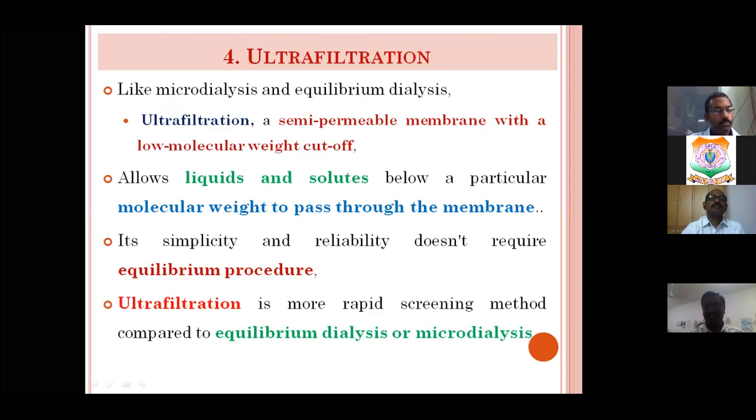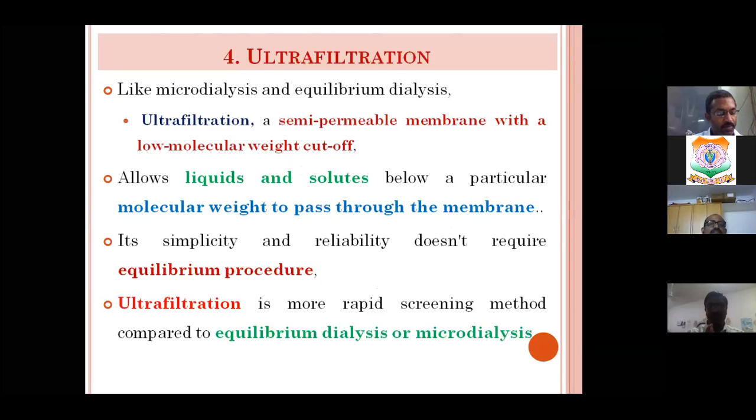The next technology which I am going to explain is ultrafiltration. This is also one of the screening techniques to isolate and identify the active components from natural products research. Ultrafiltration is nothing but a semi-permeable membrane with a low molecular weight cutoff.